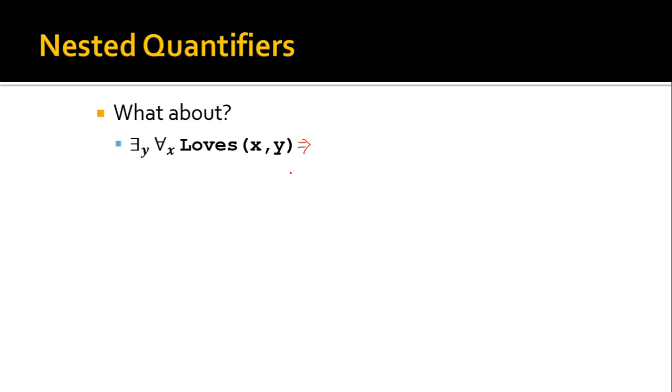It basically says everybody, this is where for all x is coming, there is someone, this is your y, let's say y1, who is loved by all.